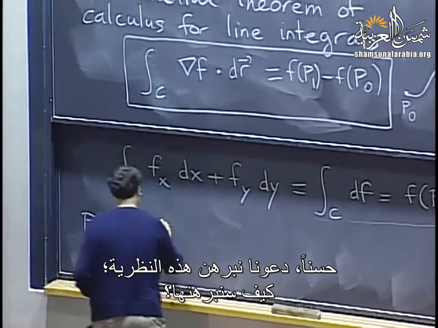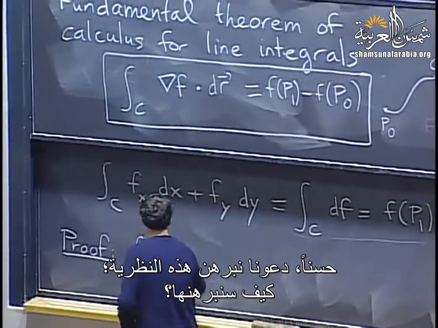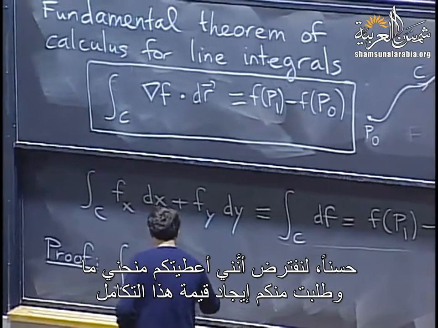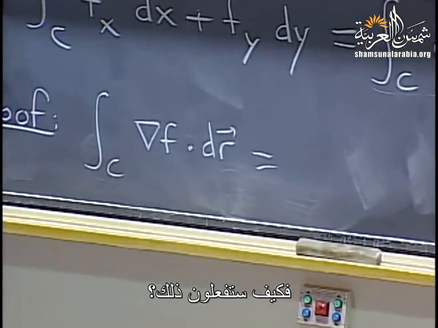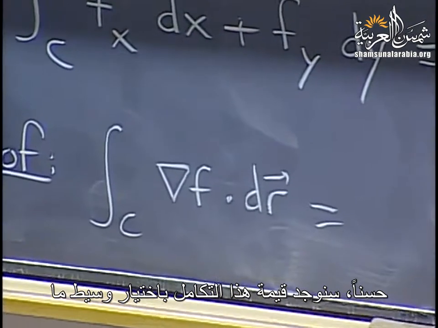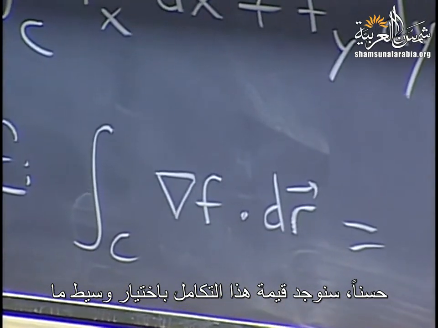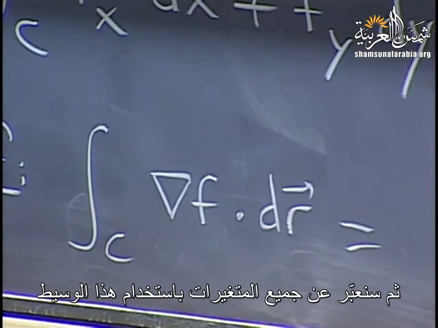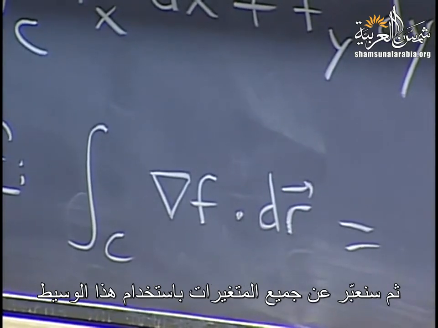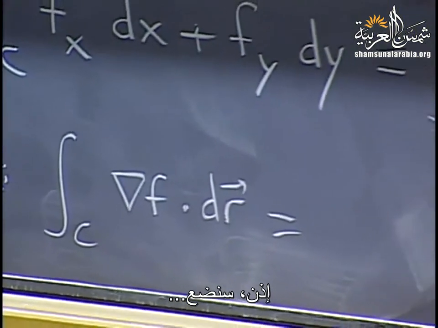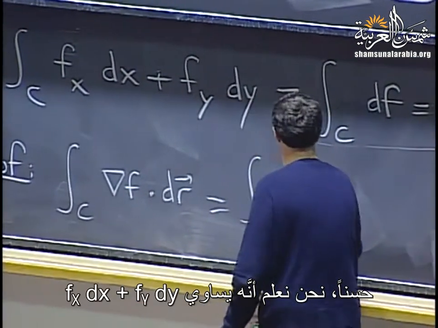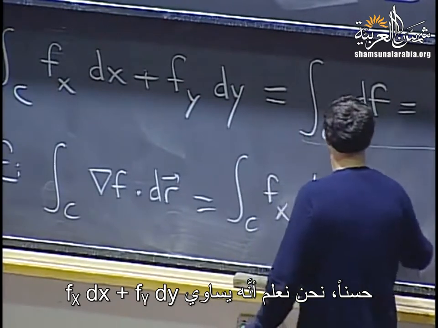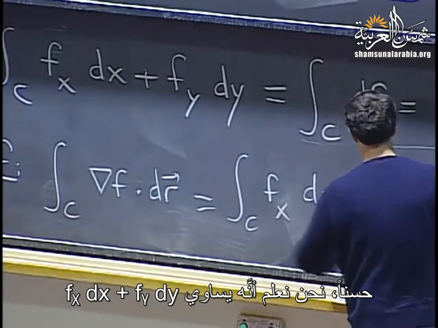How do we prove it? Well, let's say I give you a curve, and I ask you to compute this integral. How will you do that? Well, the way you compute the integral is by choosing a parameter and expressing everything in terms of that parameter. Okay, so we know it's f sub x dx plus f sub y dy.